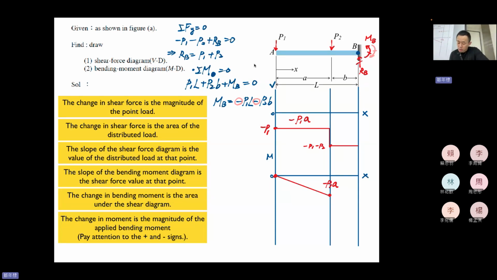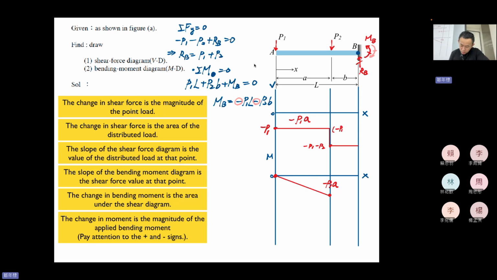How about the next one? In the next section, the moment will drop. How much? It will be equal to the area of the shear diagram.